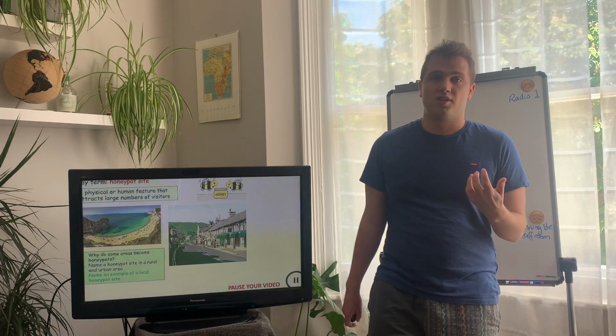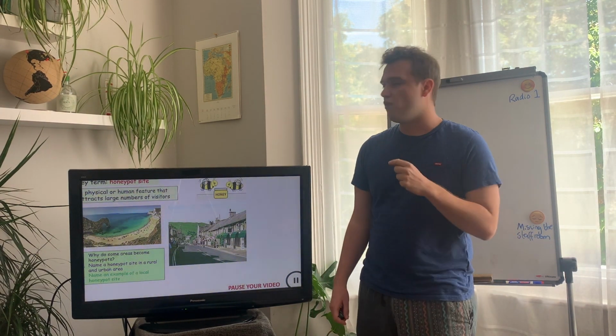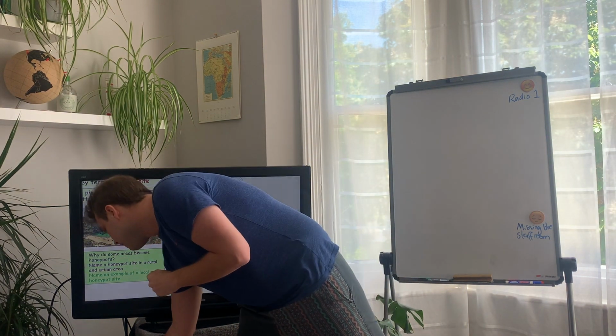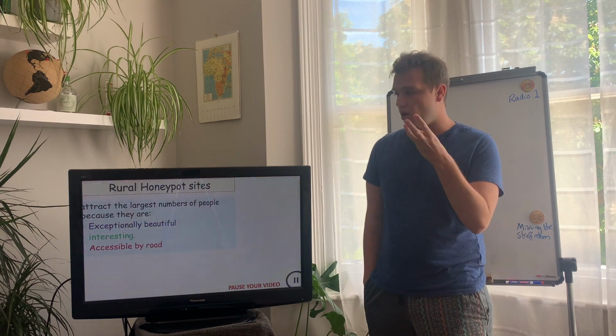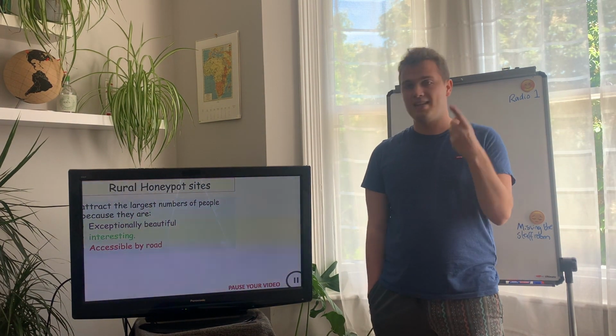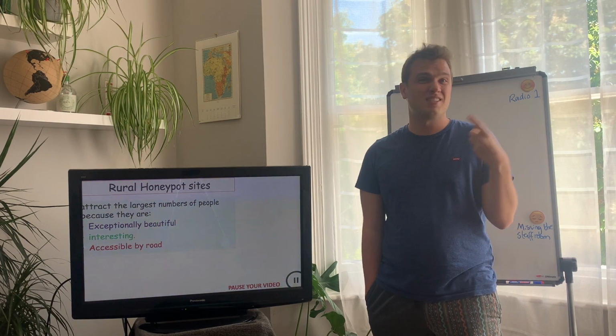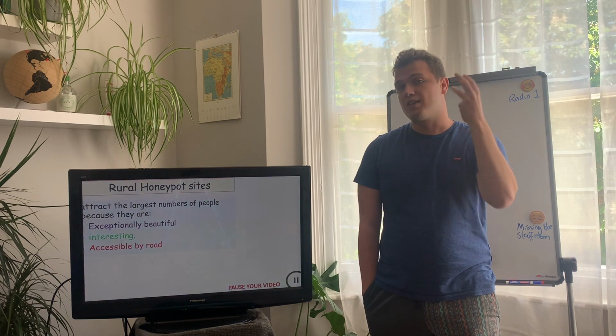So honeypot sites are a really key term, and hopefully you all wrote that key term down. In terms of what makes a rural honeypot site, the 3 main things are that they are exceptionally beautiful, somewhere outstandingly different and pretty, they're interesting, and they're accessible by road.